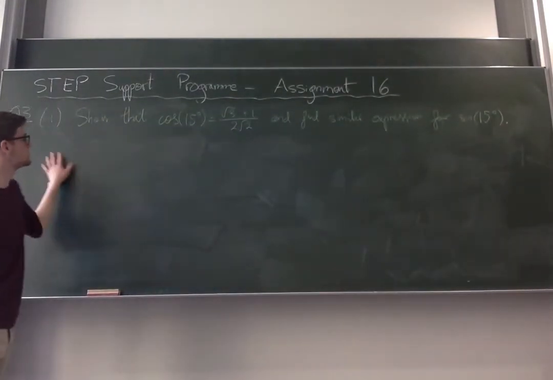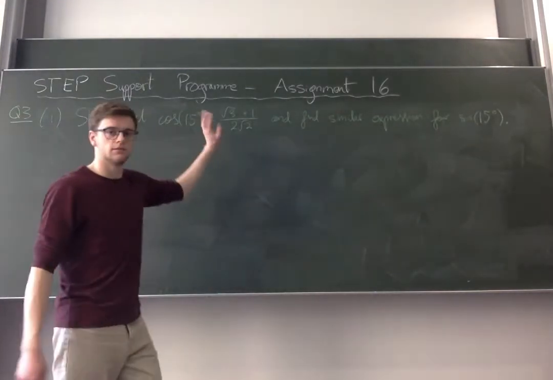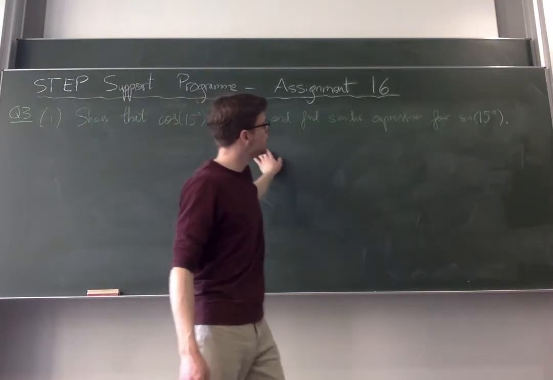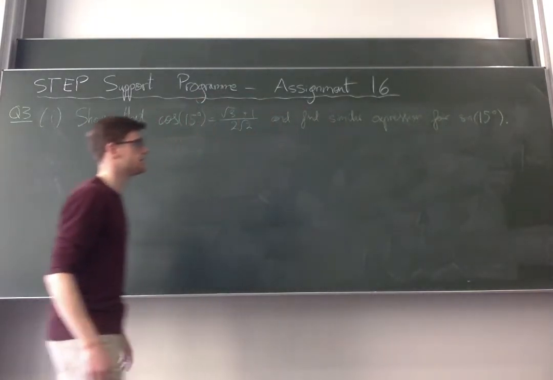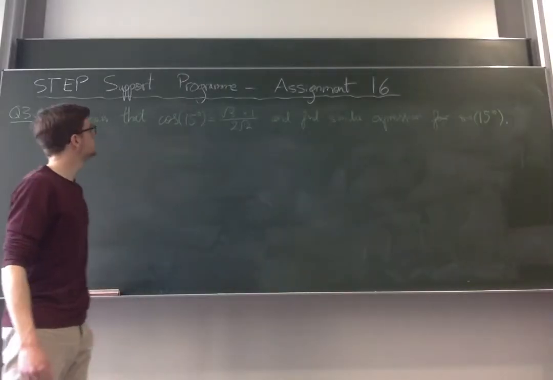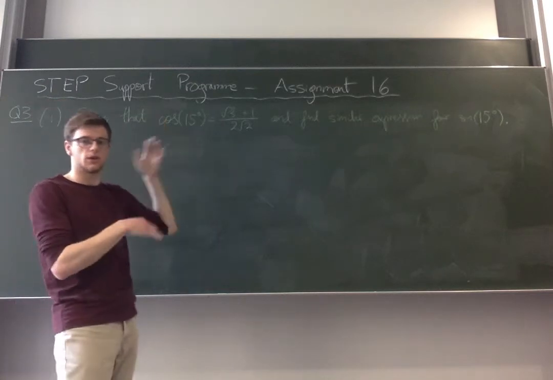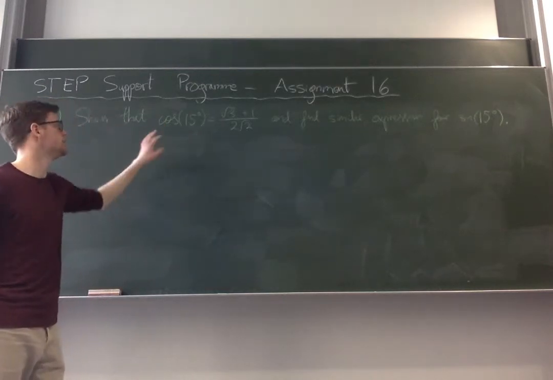Okay, so the first part asks us to show that cos of 15 degrees is some slightly nasty surd expression, and to find a similar expression for sine of 15 degrees. Originally this might look a little bit intimidating, but because we know cos of 30 and cos of 45, we never really work with cos of 15.